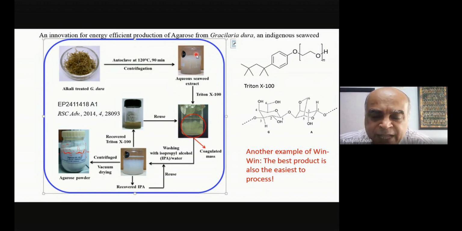Then once it freezes and you thaw it, the ice melts. But because the agarose is not cold water soluble, it remains. So you drain out the water, and maybe you can repeat the process a couple of times, and you can get a very pure compound.